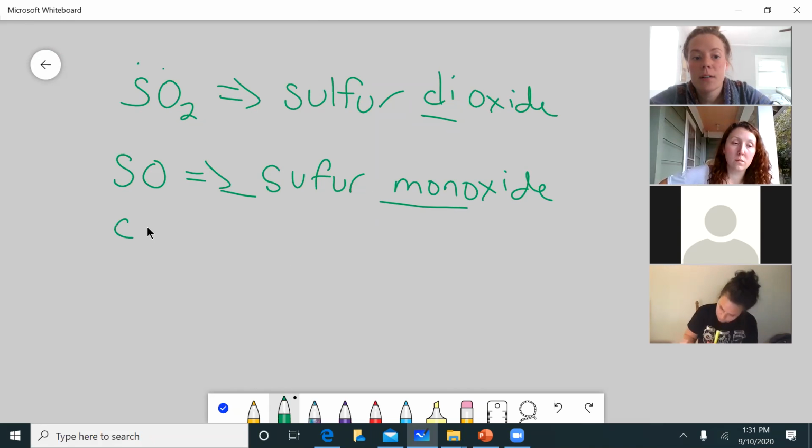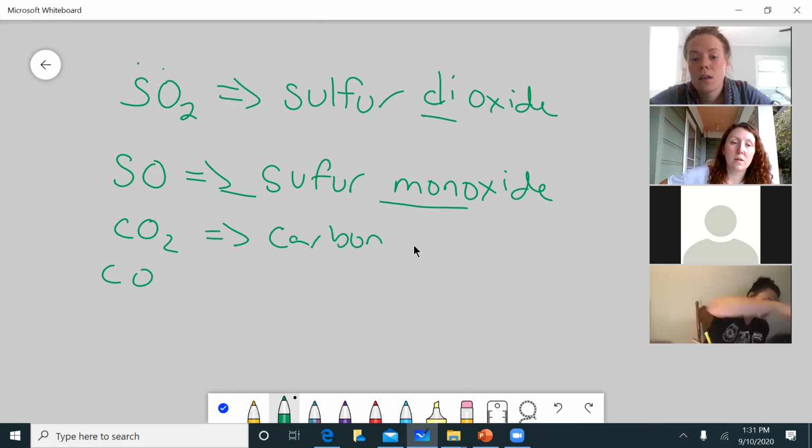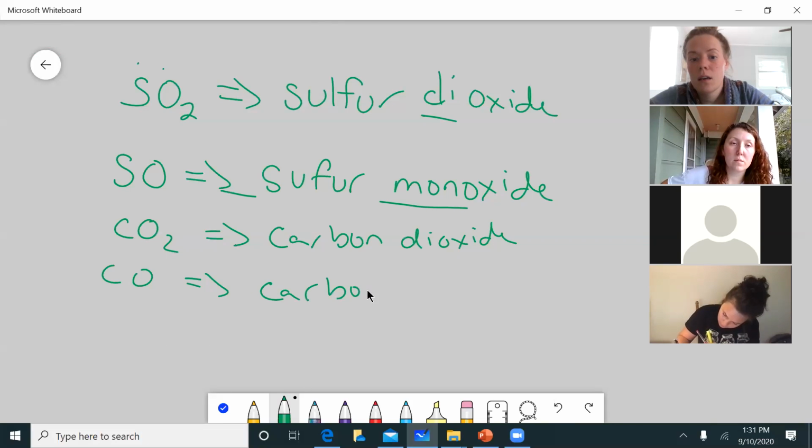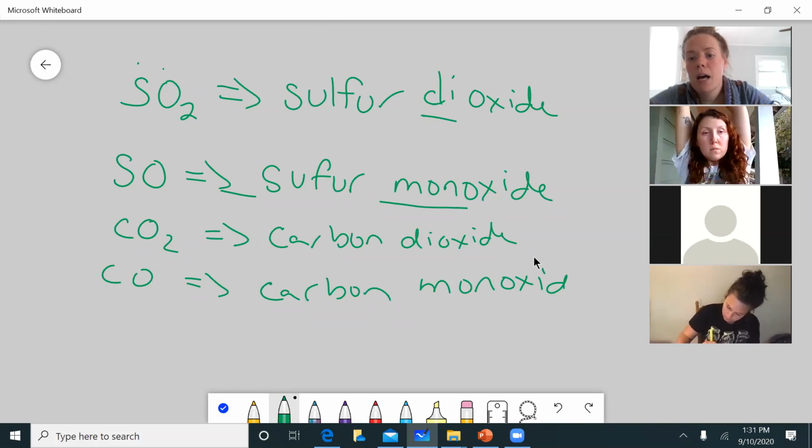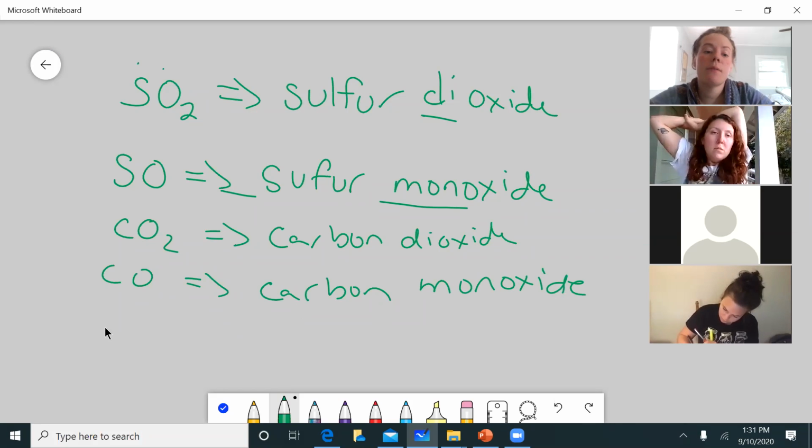We can see another one here, CO2 versus CO. This thing is carbon dioxide. This is carbon monoxide. We don't mono the first guy. But let's say we had something like this, C2O.